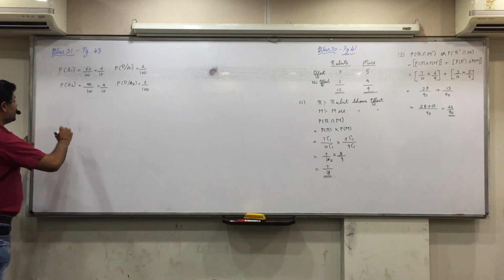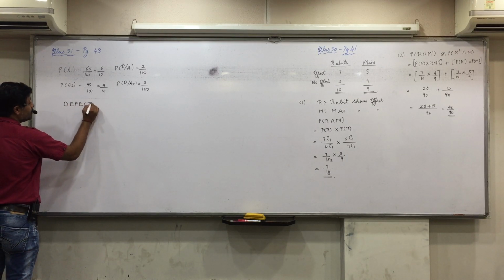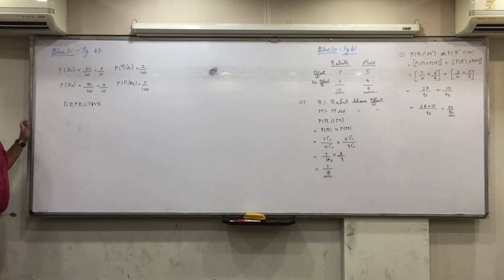Now is defective means there are two alternatives possible. This is like we did that yesterday, joint family. Find the probability that there is a daughter. So here also two alternatives are possible. When will the item be defective?